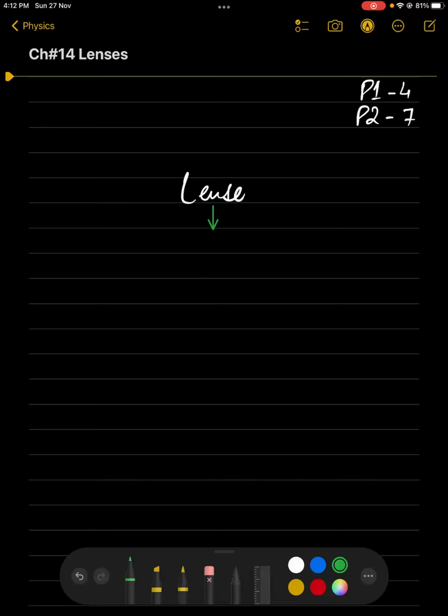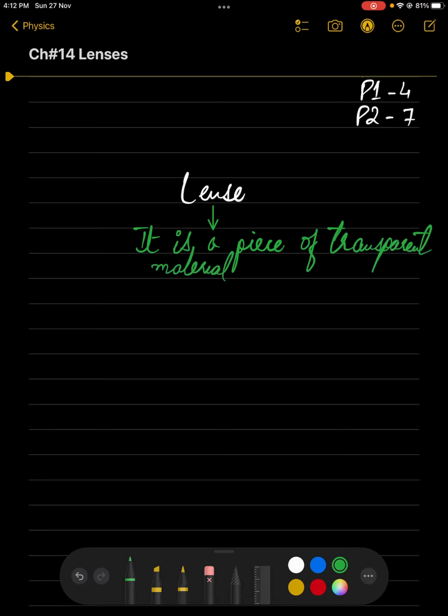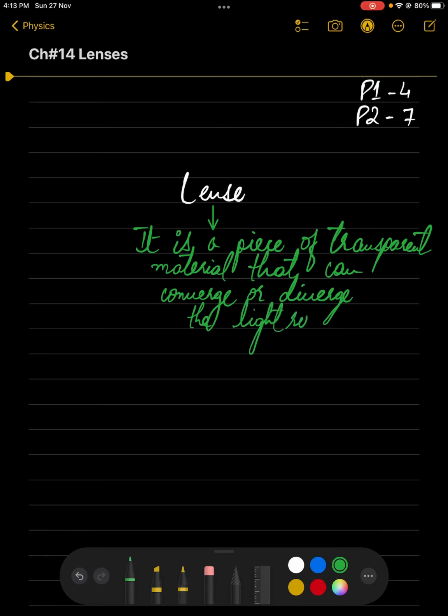Okay, so lens is a piece of transparent material that can converge or diverge the light rays.